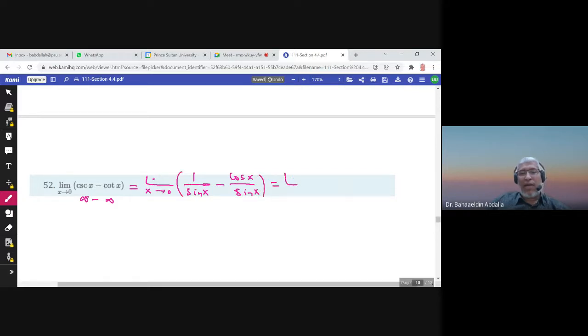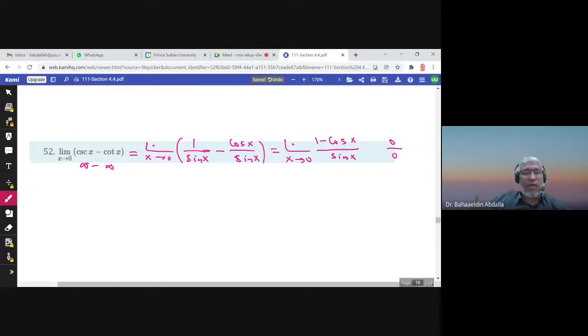And now I can add these two fractions because they have the same denominator. So I have 1 minus cosine x over sine x. Replace x by 0. Cosine 0 is 1. 1 minus 1 is 0. So I have 0 over 0. So now I can use L'Hopital's rule.